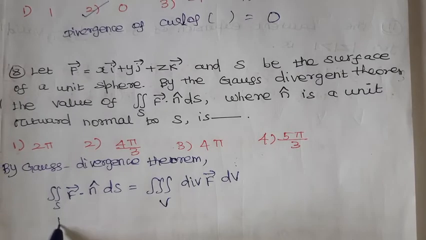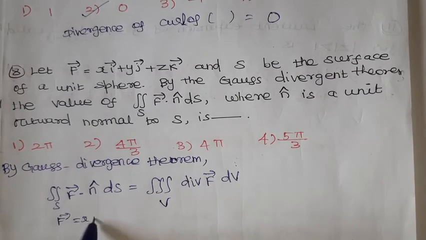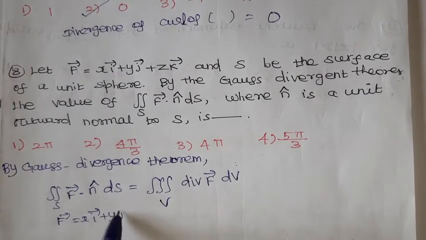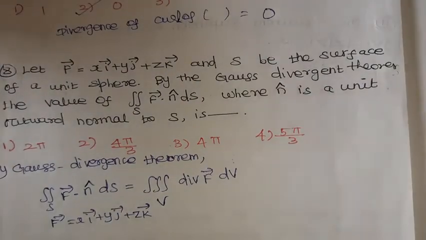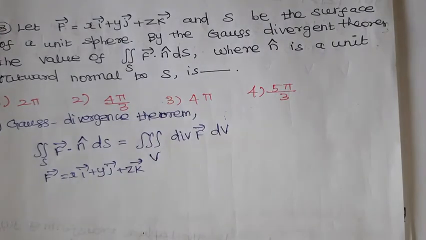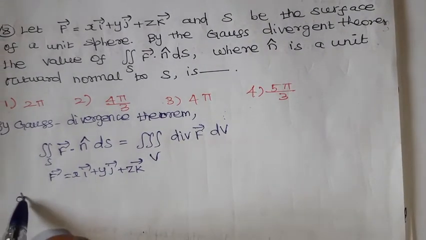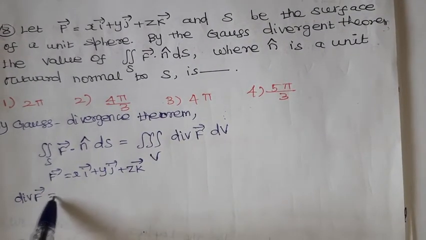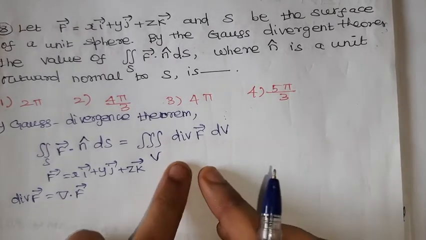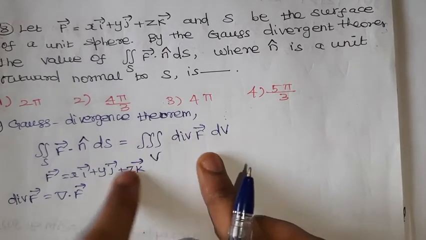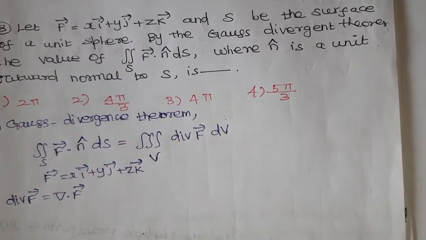F is given as xi plus yj plus zk. So we are going to find the divergence of F, which is del dot F. First we find the divergence of F, then we integrate over the volume. So what is del here?